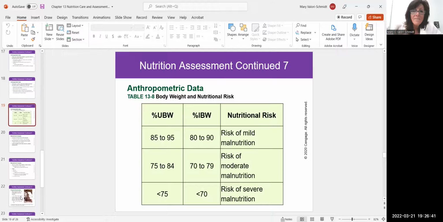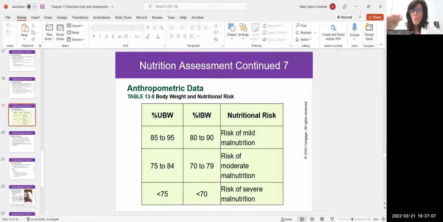When we look at the anthropometric data, we look at these numbers. This gives you what the risk is. So I'm looking at a chart here that says, if your IBW, which is the percentage of body weight increased, or the UBW, which is the under body weight percentage, you can be at a mild risk of malnutrition, you can be at a moderate risk, or you can be at a severe risk.